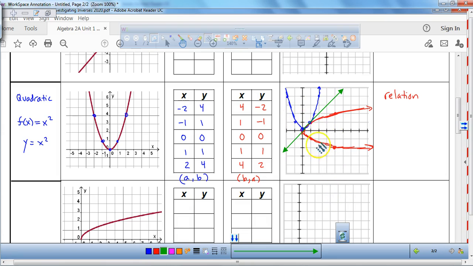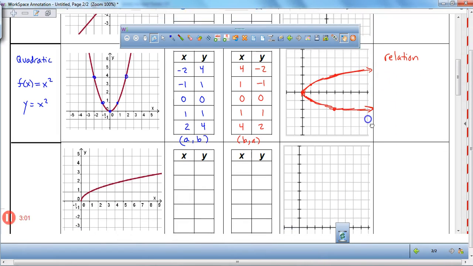So that's something you need to be aware of. Okay, go ahead and erase that. All right, so there is our graph.